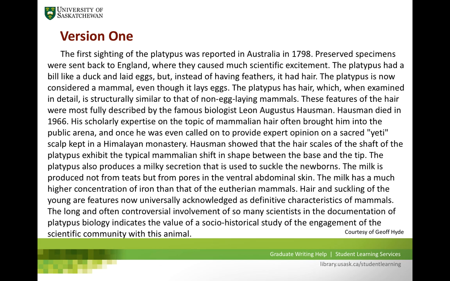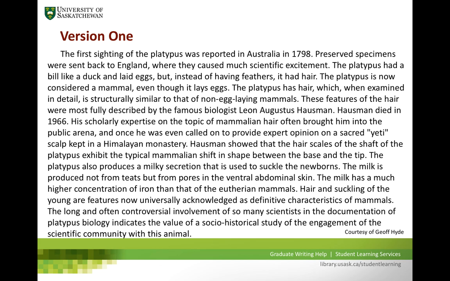Hausmann died in 1966. His scholarly expertise on the topic of mammalian hair often brought him into the public arena, and once he was even called on to provide expert opinion on a sacred Yeti scalp kept in a Himalayan monastery. Hausmann showed that the hair scales of the shaft of the platypus exhibit the typical mammalian shift in shape between the base and the tip. The platypus also produces a milky secretion that is used to suckle the newborns.